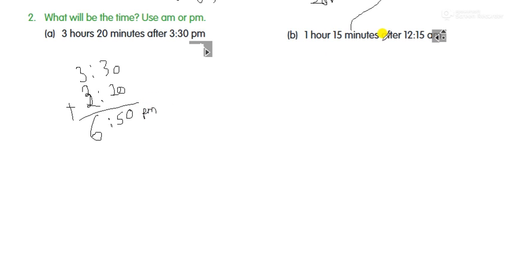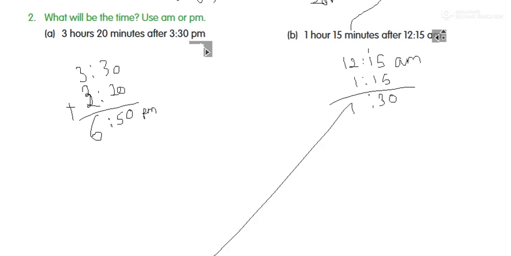Next, 1 hour 15 minutes after 12:15 AM. So here 12:15 AM, add 1 hour 15 minutes. 15 plus 15 is 30 minutes. 12 plus 1 is 13. 13 means 1 o'clock.